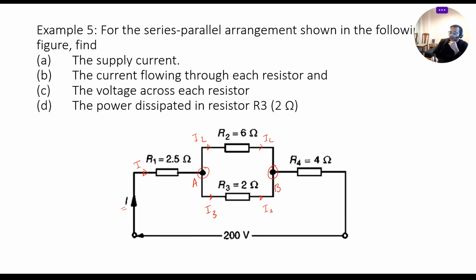So the current I was splitting into two parts, I2 plus I3, and at junction B they are now combining together. So I can say the same supply current I will flow through R4.